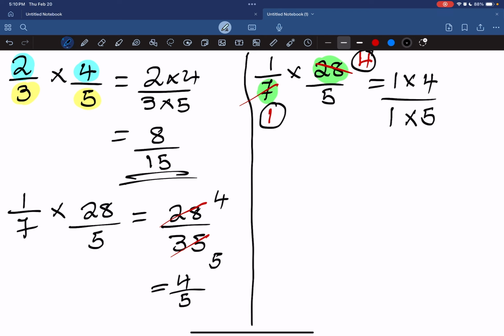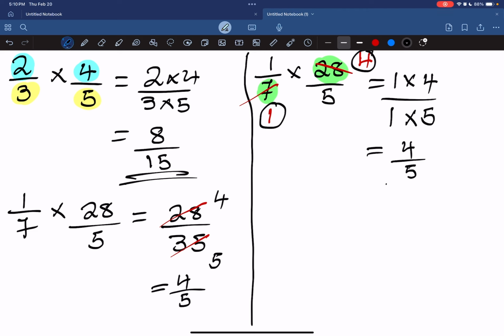Any number that you have received when you break down the fraction is the number that you're going to be multiplying with. That leaves us with 1 times 4, that's 4, and 1 times 5, that's 5.